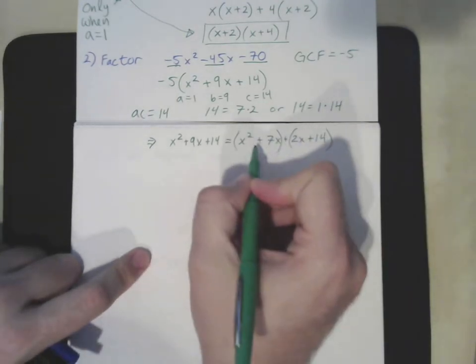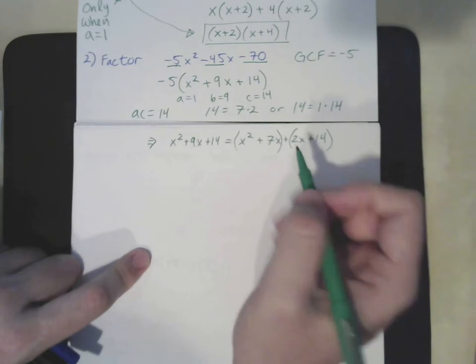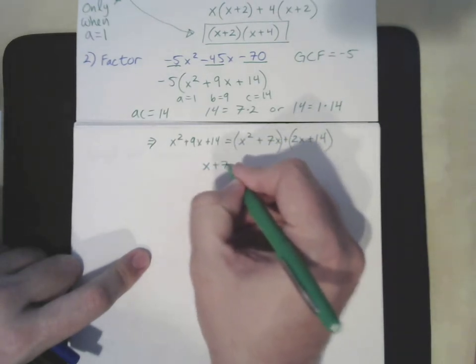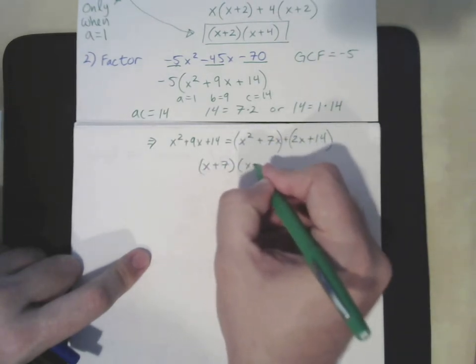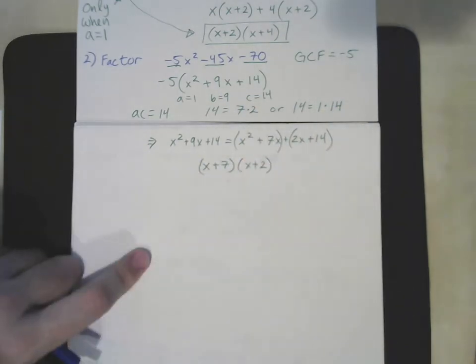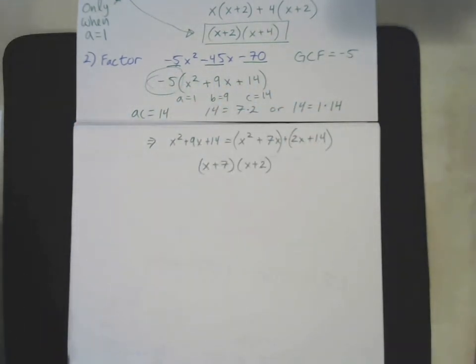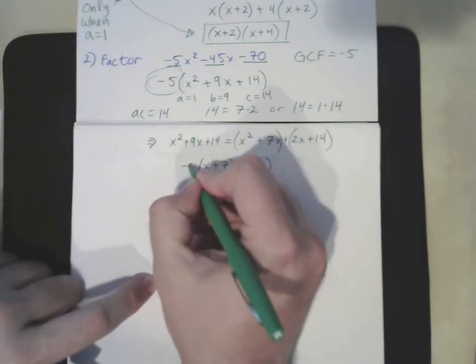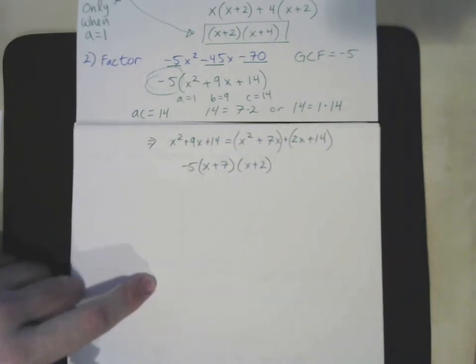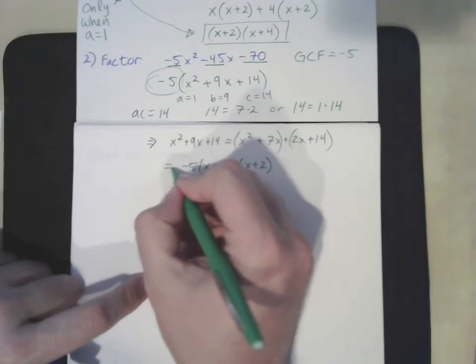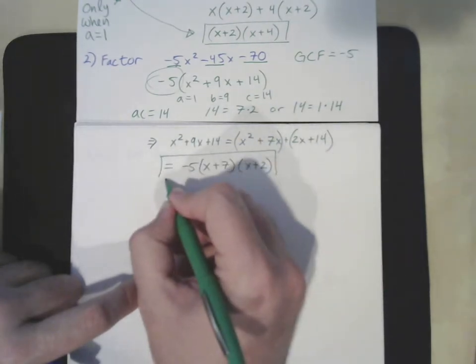But the shortcut is to just take our answers here, 7 and 2, and make this x plus 7 times x plus 2. Now, this is not the final answer because that negative 5 is still sitting there, so that needs to come along on the outside as well. And so this is our final factored version.